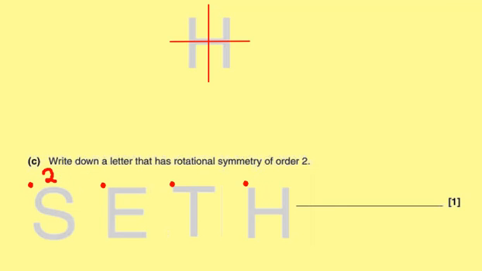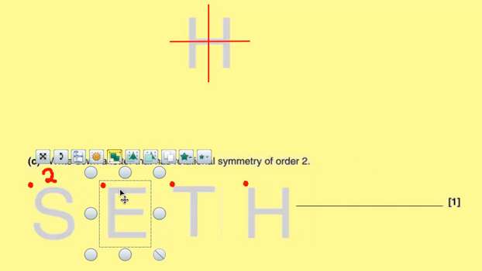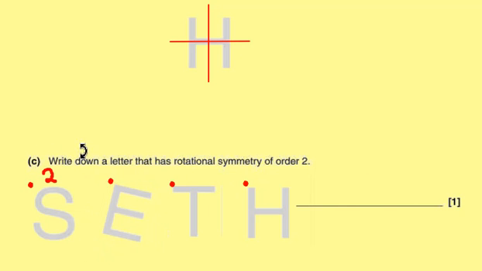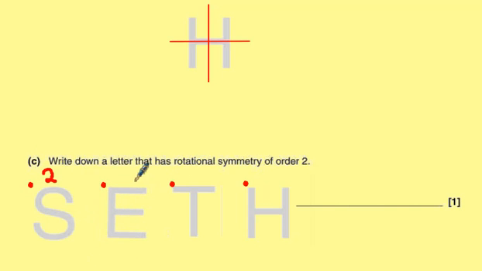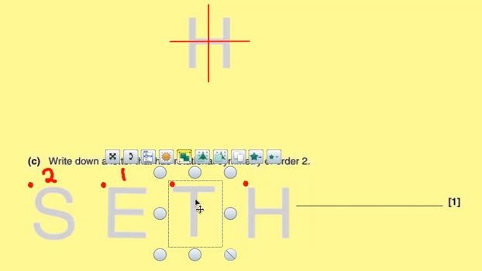Now the letter E, if I rotate that round, I can see it doesn't rotate back onto itself until we get right back up to the top, so the E has rotational symmetry of order 1. The T similarly has an order of rotational symmetry.